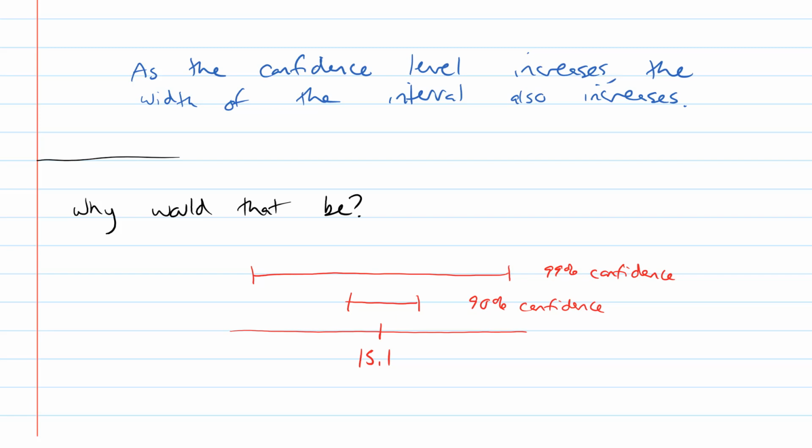So if I want to absolutely be right, I make my interval huge, and I say I've got 99 or 99.9% confidence. But if you want a little small interval, then the chances of you being outside that interval are much higher.